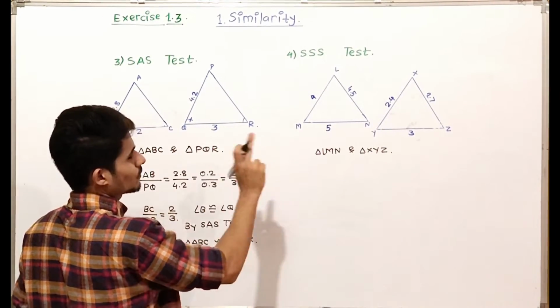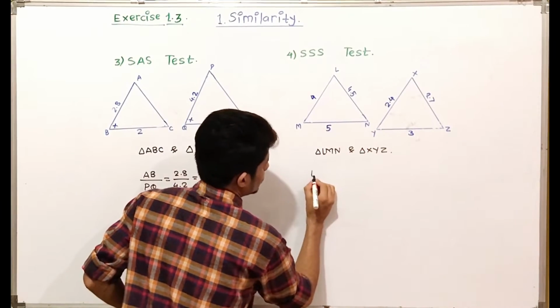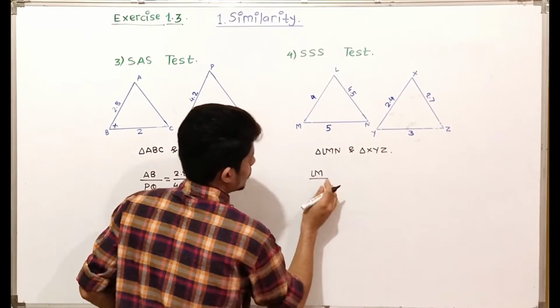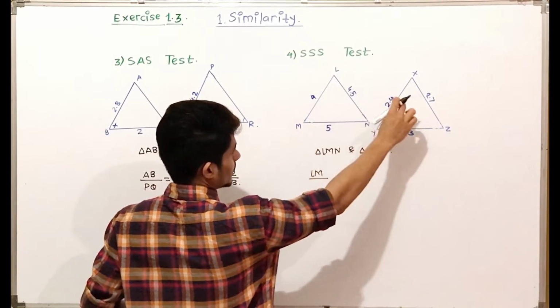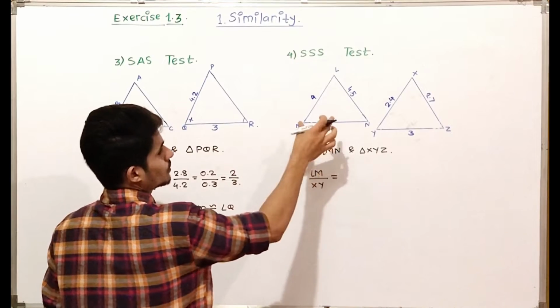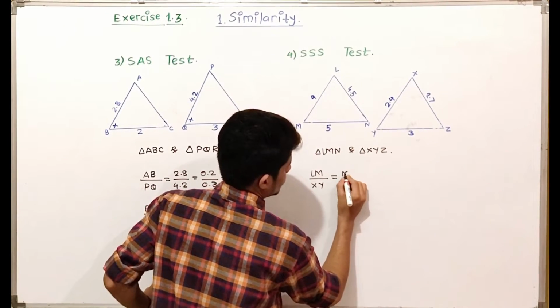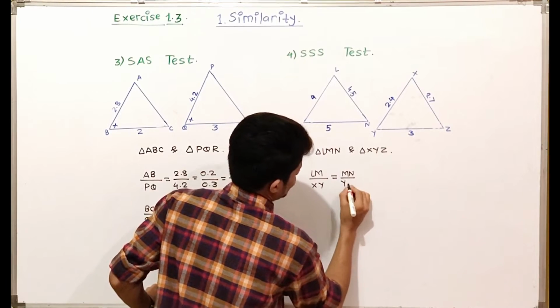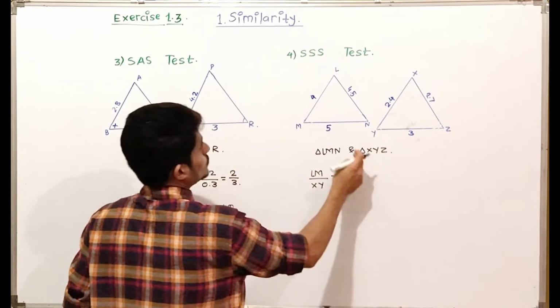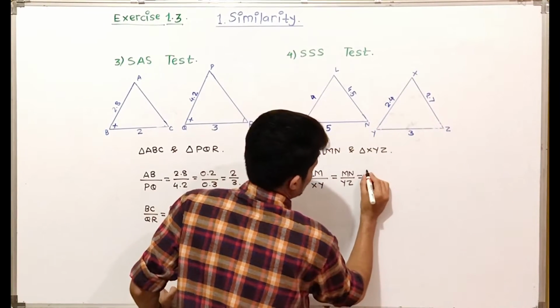LM upon its corresponding side XY is equal to MN upon YZ, which is equal to LN upon XZ.